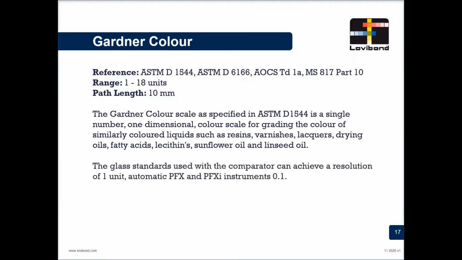When you look at it with glass standards, obviously you've got your 18 standards. When we look at it with an electronic instrument, we can interpolate between those colors, so we can get a much finer resolution in our color matching. We can go down to 0.1 of a step.